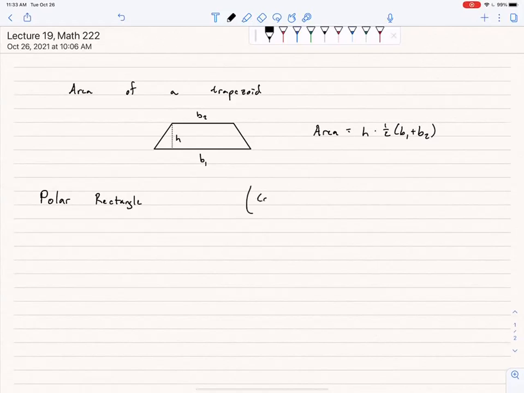So in Cartesian coordinates, we describe this by these two sets of inequalities. We bound both coordinates by some constants. And so that's our rectangle in Cartesian coordinates. So what is it in polar? It's the same idea. We just want to bound the two polar coordinates we have. We'll bound r by a and b, and we'll bound theta by alpha and beta.